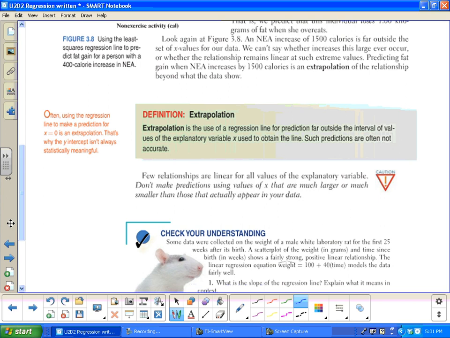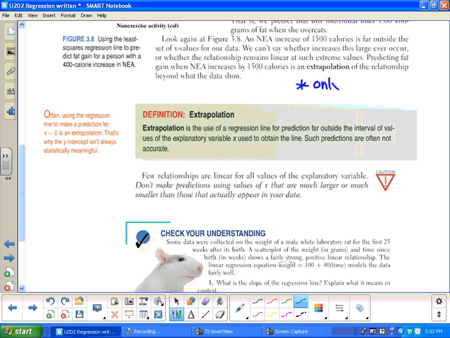If you had data for really small or really large x's outside of this range, they could pretty drastically change your prediction equation. So you only want to predict values that are in between your smallest x value and your largest x value.